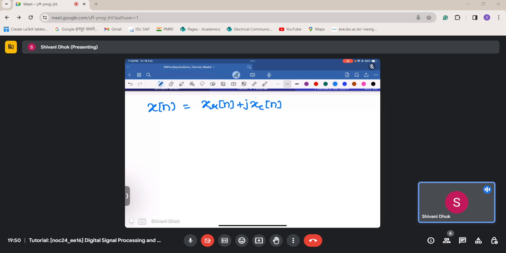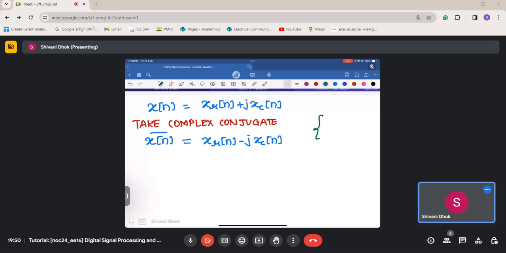Now what we will do is take the complex conjugate, so we have x conjugate of n equal to xr[n] minus j times xc[n].